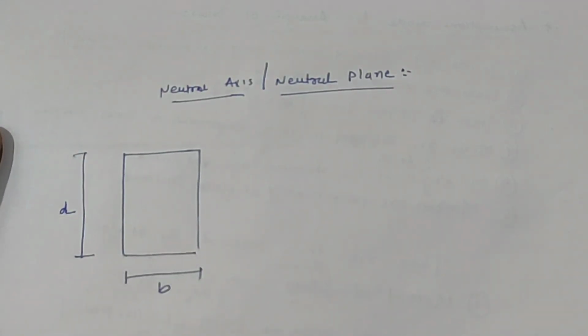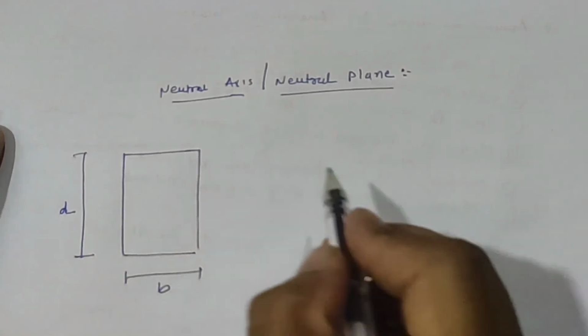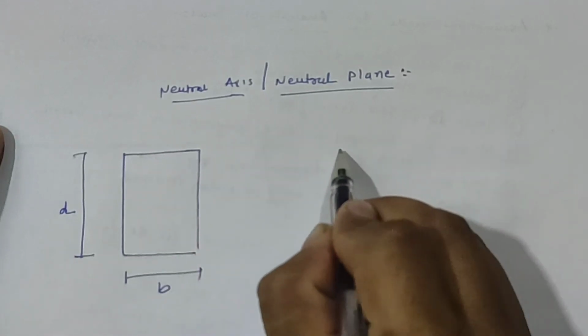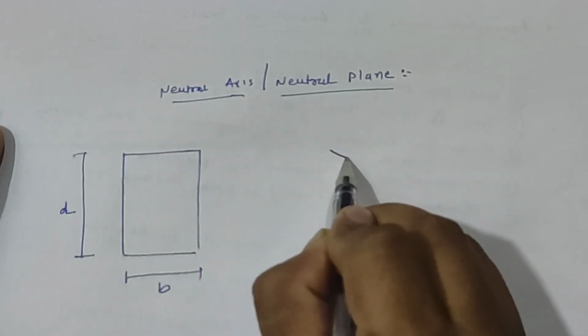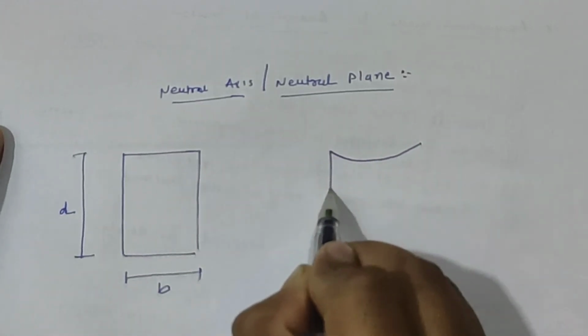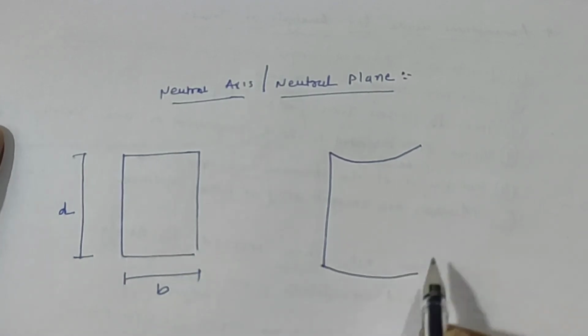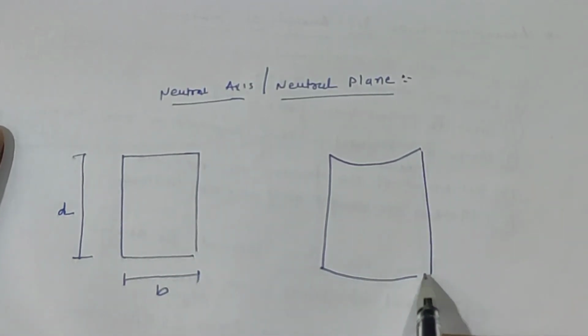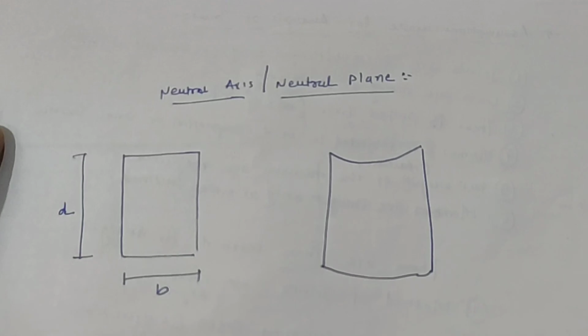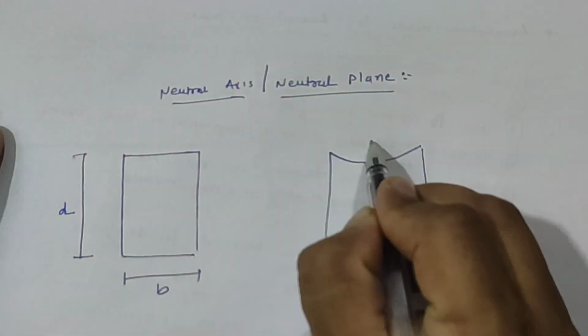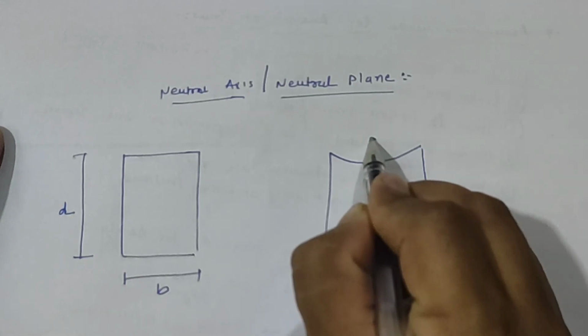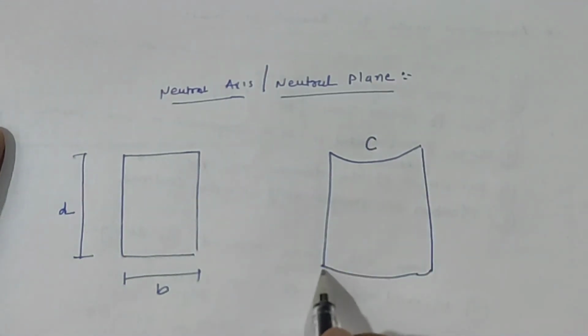After the application of load on the cross section of the beam, the bending curve is as shown in the figure, at which the top portion of the beam is in compression, indicated as small c, and the bottom part of the beam is in tension, indicated as small t.